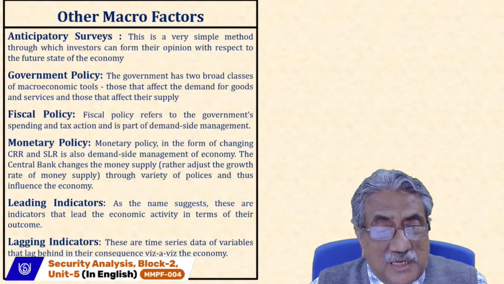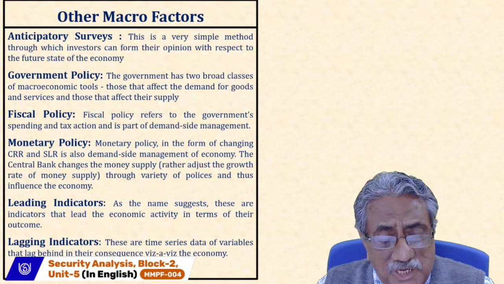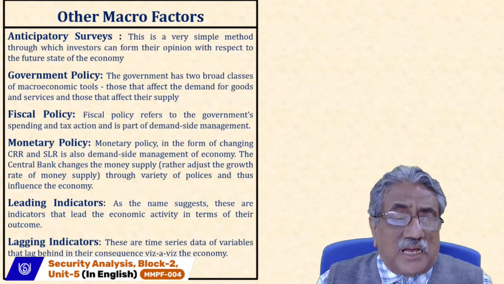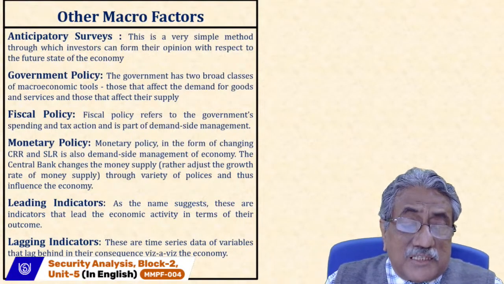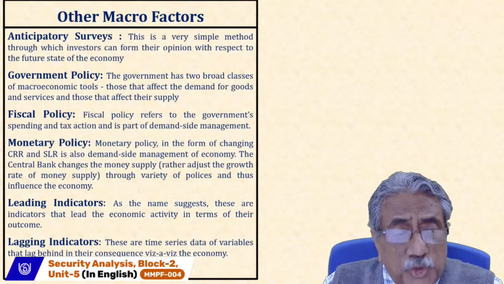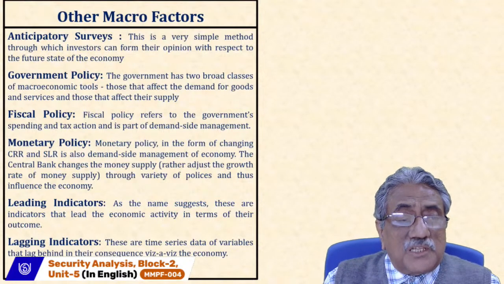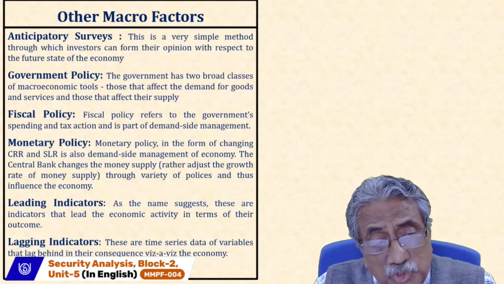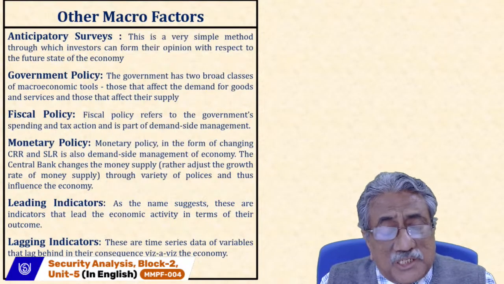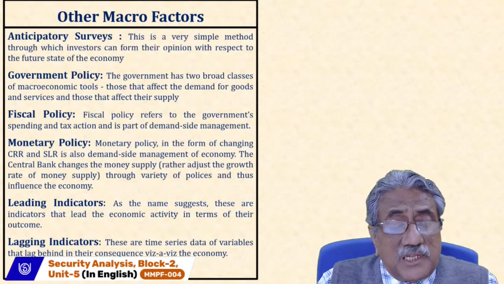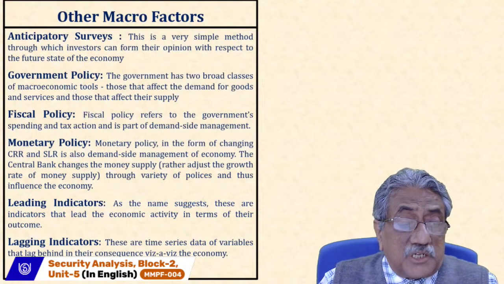Leading indicators, as the name suggests, are indicators that lead economic activity in terms of the outcome. If we can forecast that we have discovered certain things which can lead to growth, and there is a demand for these things coming up, these are the leading indicators. Lagging indicators: like you see now, electricity consumption has gone up. That means there is industrial production, because domestic use cannot push up electricity consumption so much.